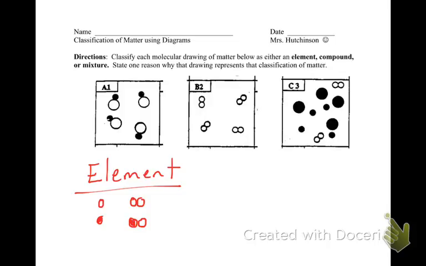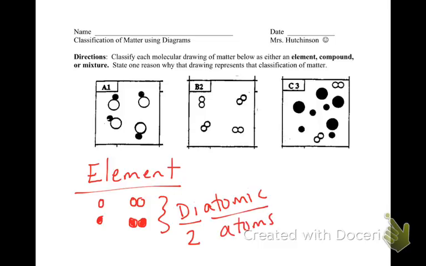So if we break down the word diatomic elements, that's what these are. Diatomic. The prefix di means two, atomic means of course atoms. So these diatomic elements, when we define them, it means that atoms, when they're in their smallest state, when they're elemental, don't exist as singular atoms.